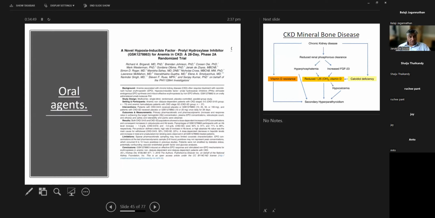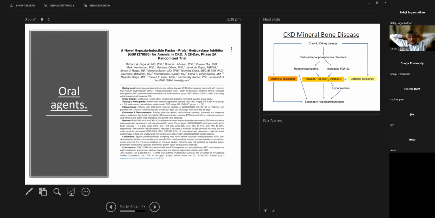One thing to be aware of is that there have been a number of trials of oral agents, the oral hypoxia inducible factor inhibitors, which are now coming into clinical practice. And so these drugs target inflammation and target hepcidin and aim to improve hemoglobin with an oral agent, and so in the future may replace EPO.